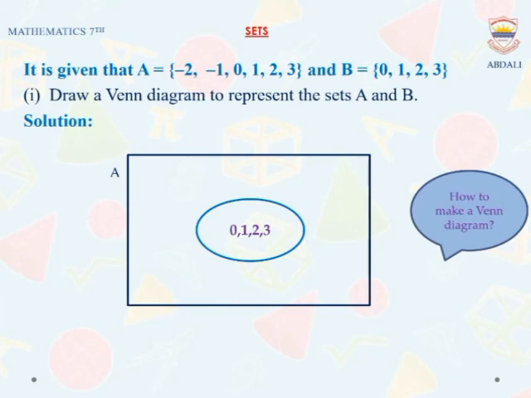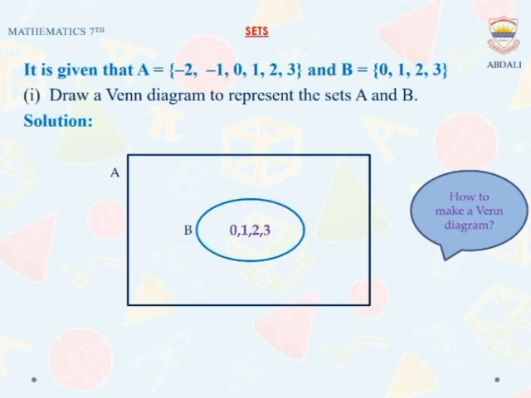Okay, so now because set B is inside set A, we will not write these elements of set B again and again. And we will name our set as set B. Now we are done with the Venn diagram.